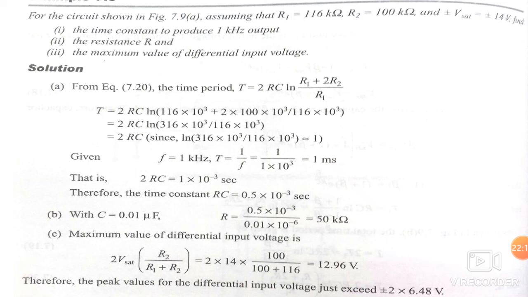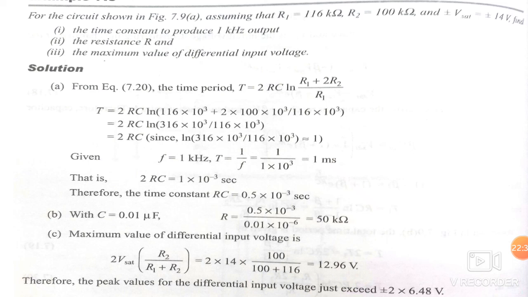So the maximum differential input voltage becomes double this voltage. So this is 2 Vsat into beta. This is given by simply putting the value 2 into 14, that is Vsat 14 volt, into 100 divided by 100 plus 116 kilo ohm. This becomes 12.96 volts. So this is the final answer.